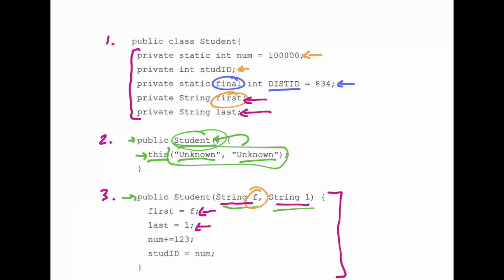So then every time we create a new student, num is going to increase by 123. And then we're going to assign whatever that num is to student ID so that that student now has a student ID that is different and unique.